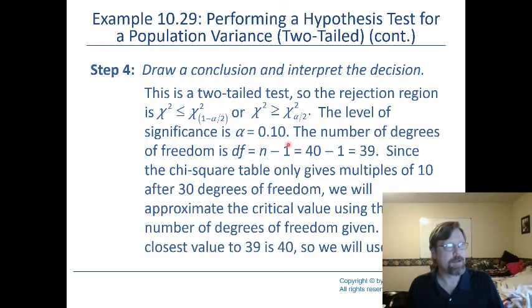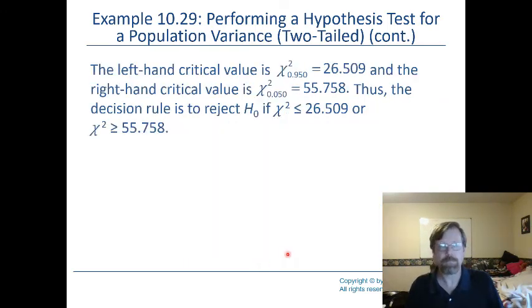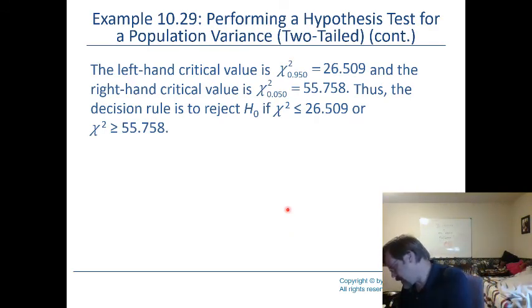Right after 30, the table starts skipping by 10, so we'll use the closest value, which is 40. Just double check this, 0.95. There it is, 0.95. And I'm using 40. So I get 26.509 and 55.758. 26.509, 55.758, yes.